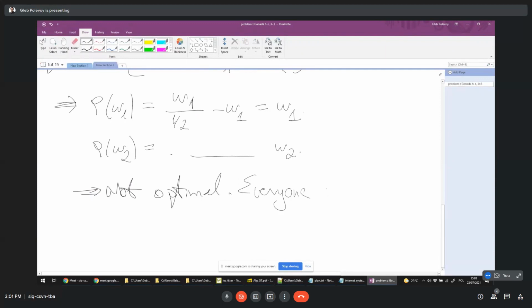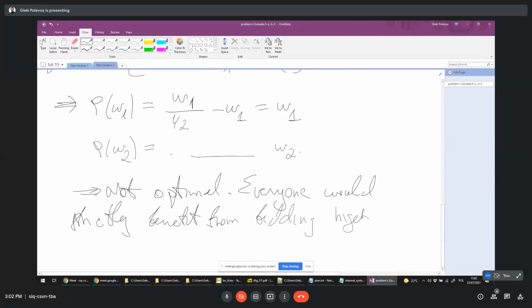Everyone would strictly benefit from bidding higher. For this price, there is no competitive equilibrium.